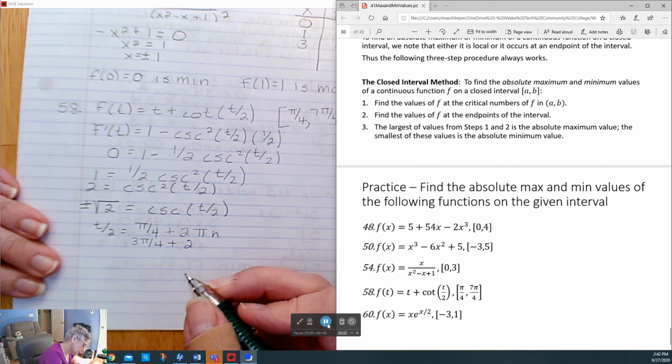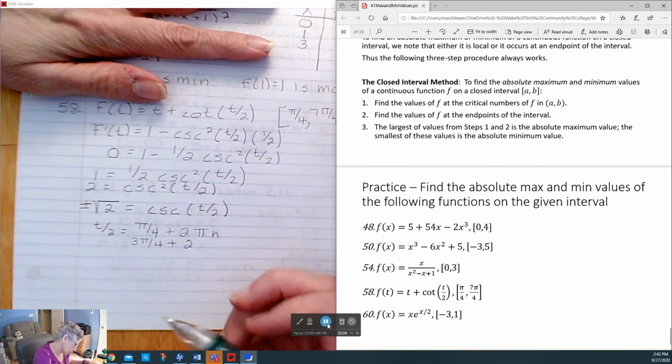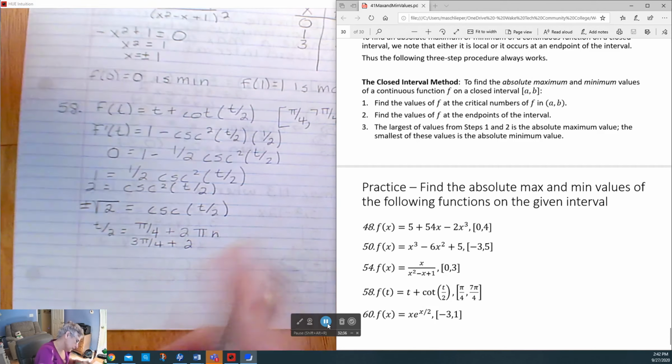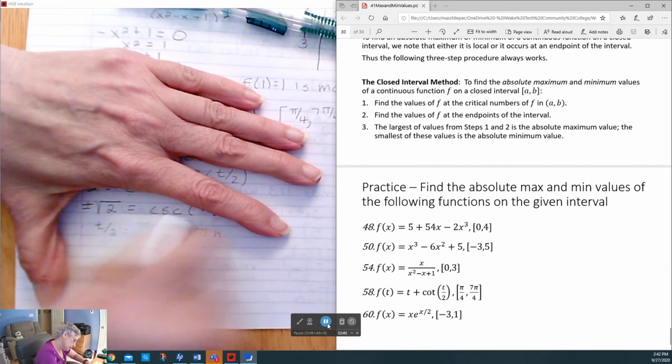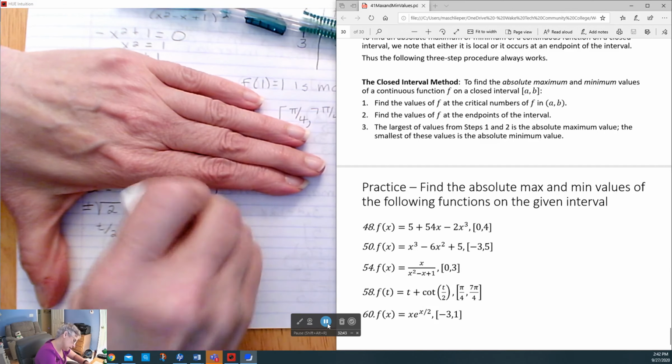Actually, it's plus or minus, so just pi over 4 plus pi times n. Don't even need to divide it up into pieces.